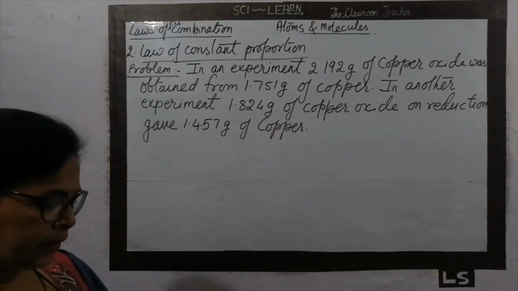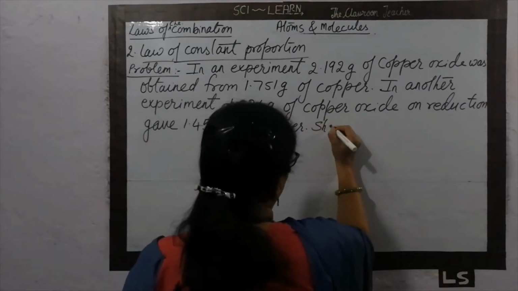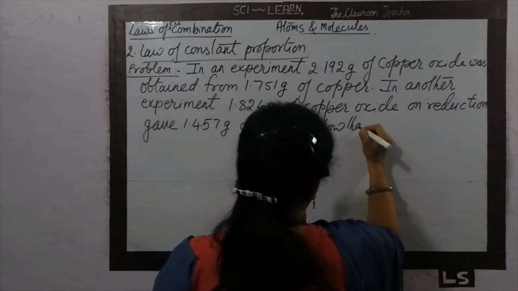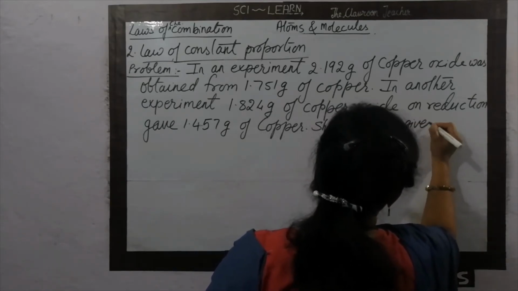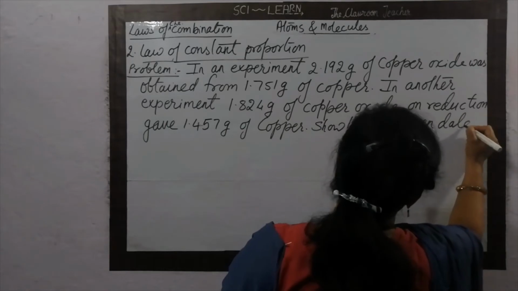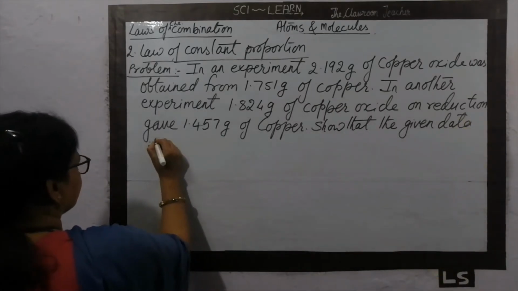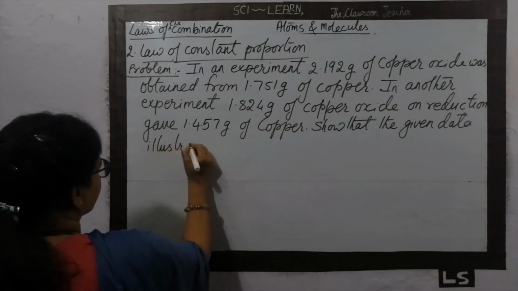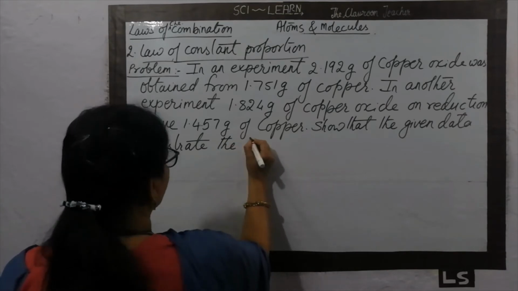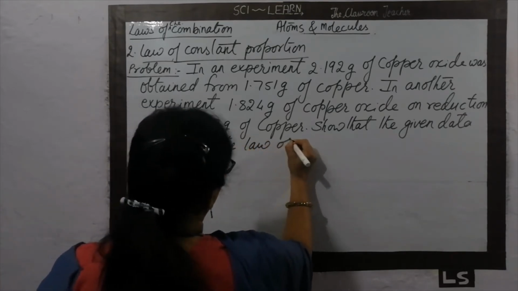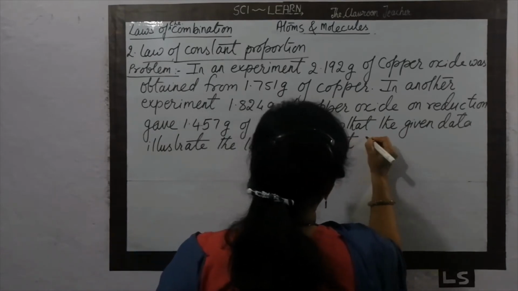Now show that the given data illustrate the law of constant proportion or definite proportion.